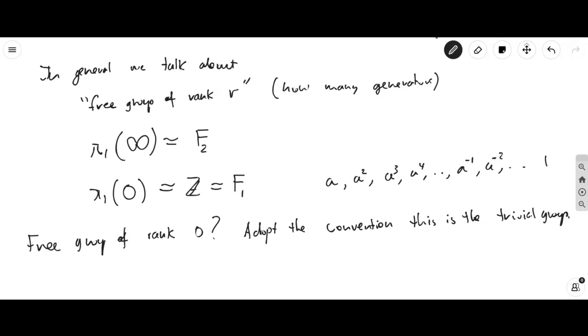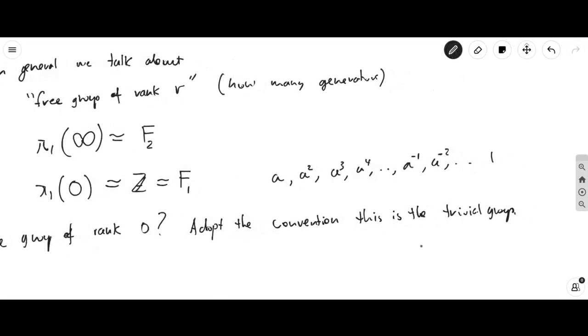Though one might complain and say that the trivial group is not a free group, because if A represents the identity element, then you have the following relationship, that the identity is equal to itself squared. So then you're contradicting the fact that you have no relationships. But let's not make a big deal about this. Let's treat this maybe as a degenerate case.